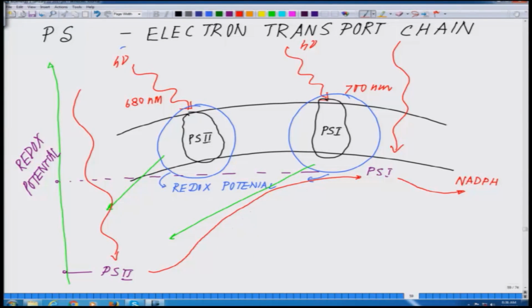This whole journey of the electron we will be mapping on the basis of the values of the redox potential of each one of these complexes which are present out here, and we will enumerate all the different kinds of proteins and components which make up this whole electron transport chain present in the photosystem.